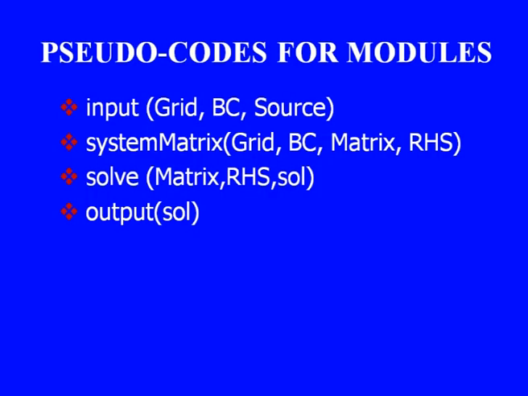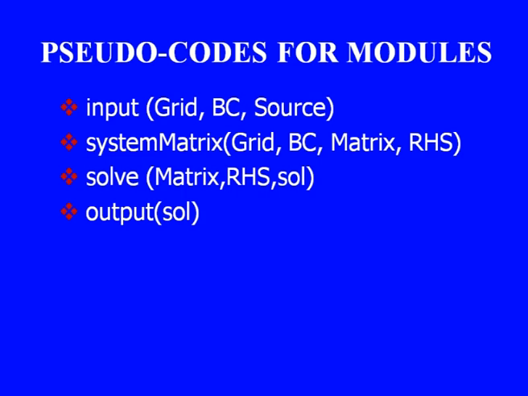The third module was solve, to which we provide our matrix, right hand side vector and then the solution vector. So it will return the solution in our solve vector. And the fourth module was our output module. We provide sol as input parameter and it should print our solution in a specified format.